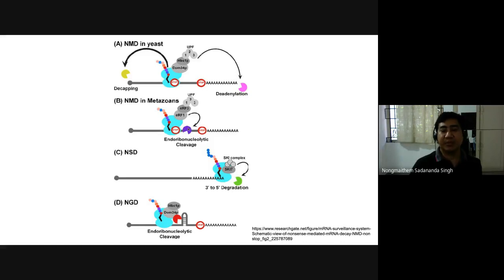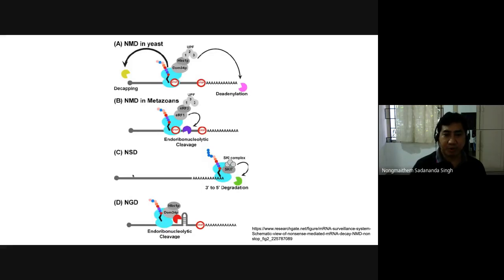Okay, so metazoan nonsense-mediated decay is slightly different. It is brought about by cleavage in the middle of the mRNA, and once it is cleaved, the mRNA is degraded by exonucleases.